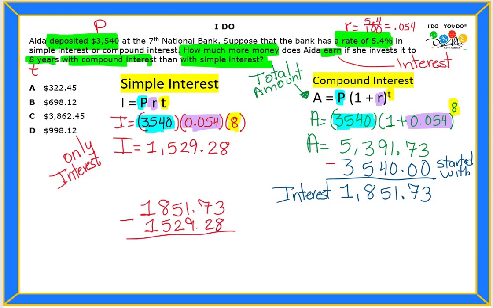Okay? If you subtract those numbers, we get $322.45. So now that's how much more money she gets on the compound than on the simple. Okay? So my answer for this is letter A.